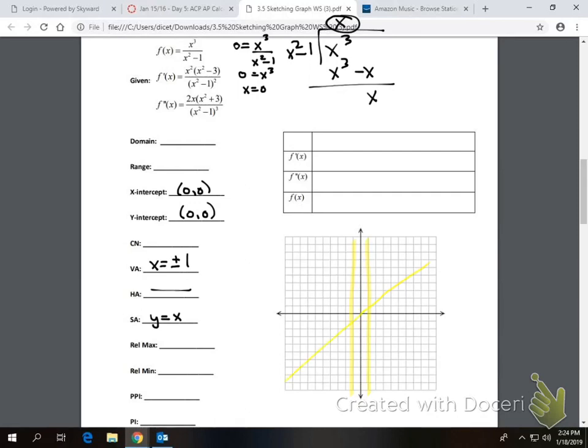But I'm going to erase the middle part, because slant asymptotes are to the left and to the right. I also know that I have an x and y intercept at (0, 0), so I'm going to plot that point.